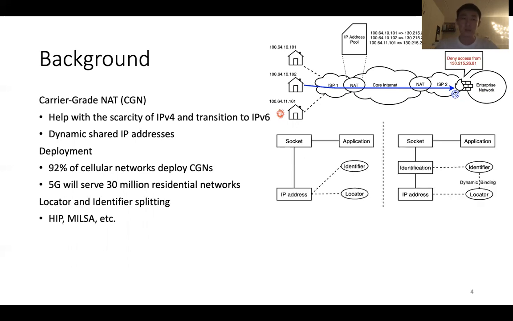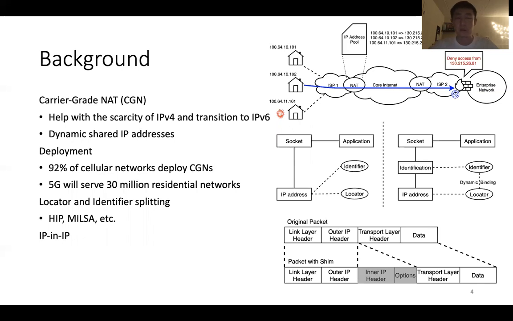There is previous work focused on how to split the functionalities of identifier and locator from public IP addresses. However, most of those methods need to modify the intermediate network infrastructure, which we believe is very hard. So in our paper, we use a standardized protocol, IP-in-IP. Basically, we have an outer IP header, which is used for routing the packets, and an inner IP header, which is used for conveying the identifier information.